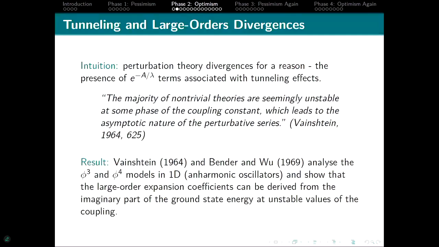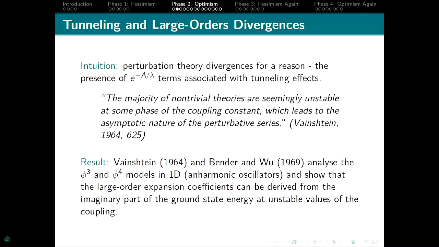Yeah. Okay, so the intuition that comes out of this work in the late 60s is that perturbation theory actually diverges for a reason. It's not just a defect of the mathematics. It is tied to important physical effects, which are signaled by terms which are non-analytic in your expansion parameter.